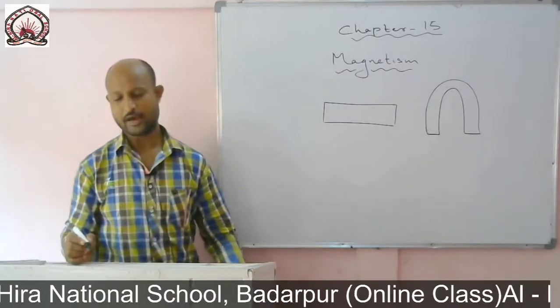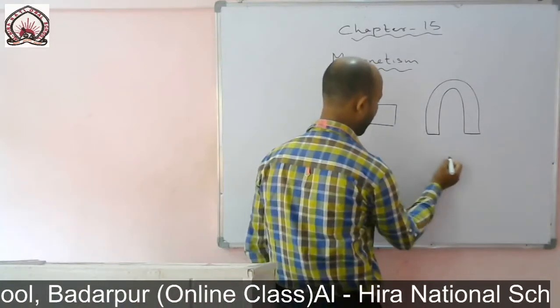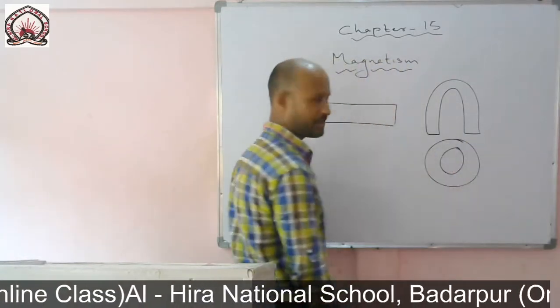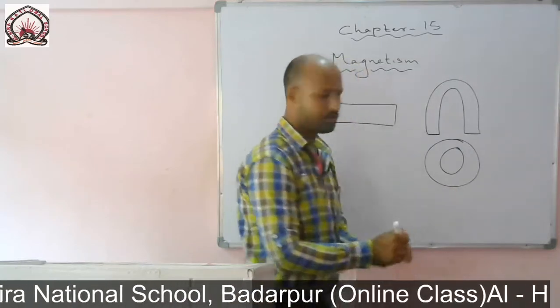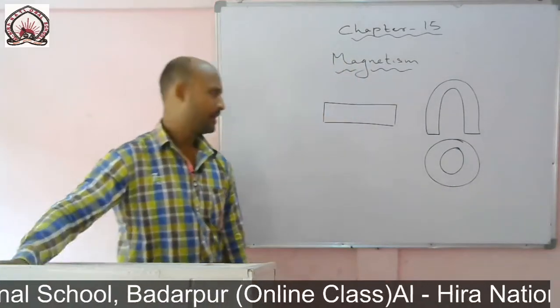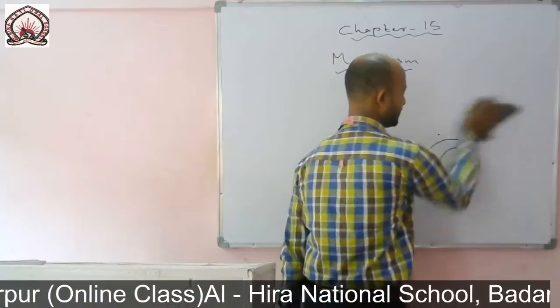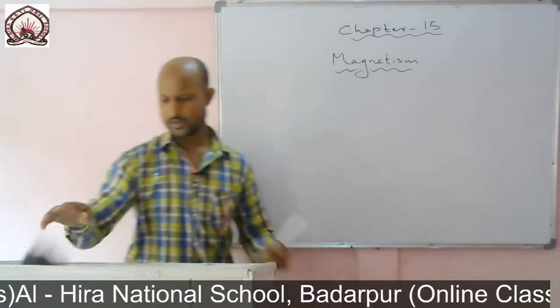It is called a horseshoe magnet, or you might also have seen a magnet in such a shape, which is called a disc shaped magnet. So we find different types of magnets depending on their sizes or shapes.